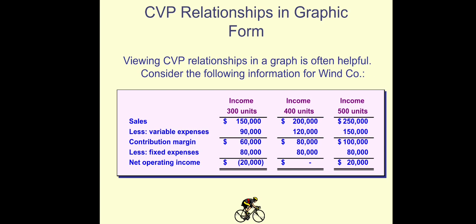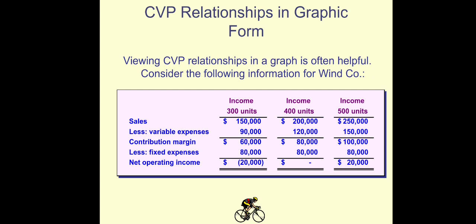The second, third, and fourth columns show the data if the business can sell 300 units, 400 units, and 500 units. If the business can sell 400 units, the business will achieve the break-even point. Break-even point is the point where the business does not make any profit and also does not make any loss.